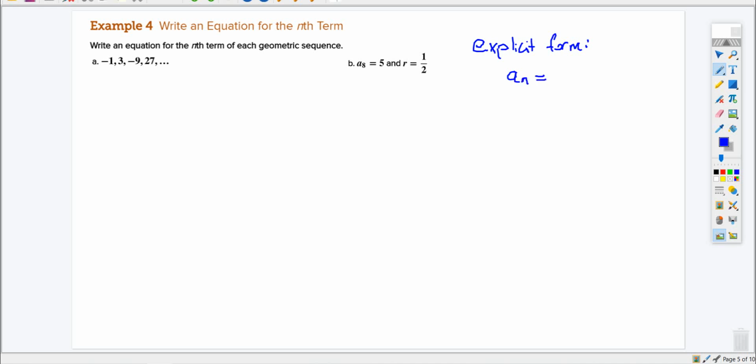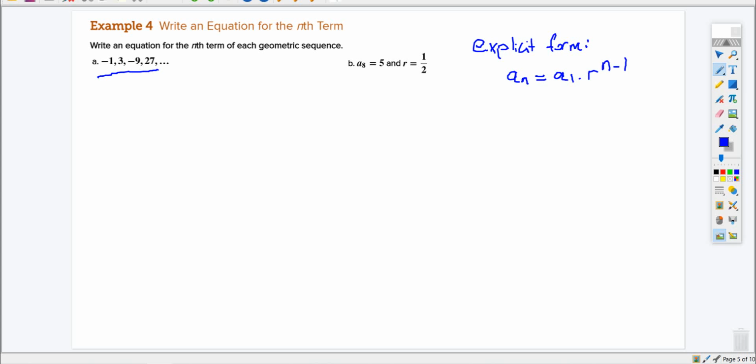So we write a_n is equal to a_1, the first term, times r to the power n minus 1. You know how we have a sequence, for example, in the first question, -1, 3, -9, 27, and it keeps going, and we want to catch a pattern. Instead of writing this all out, we want a formula, just like in functions. That thing is called explicit form.